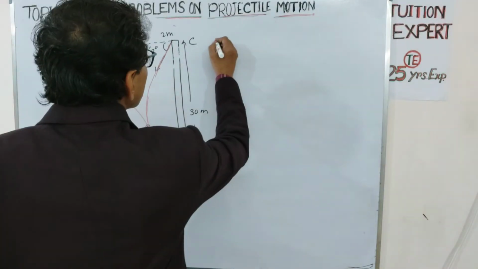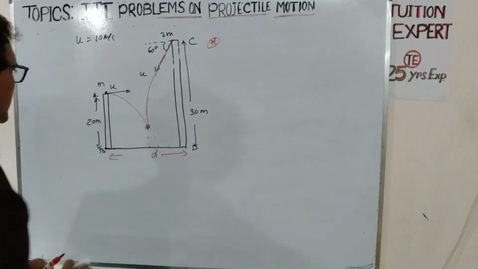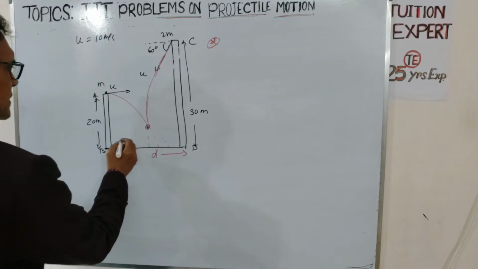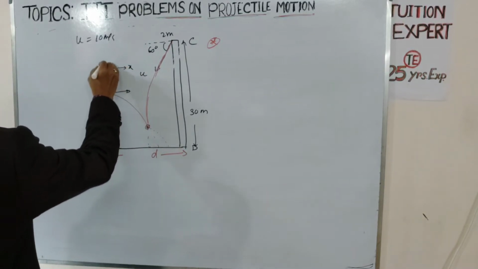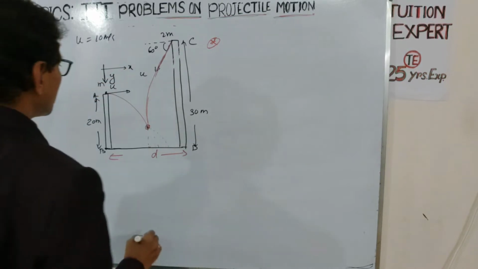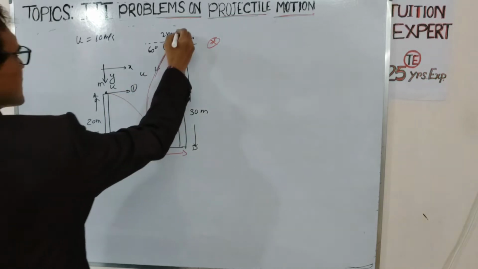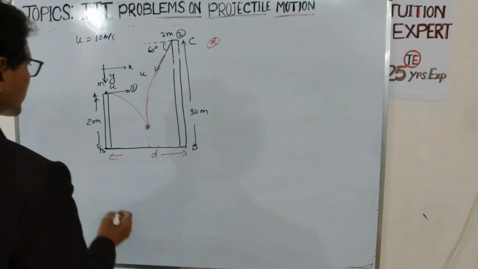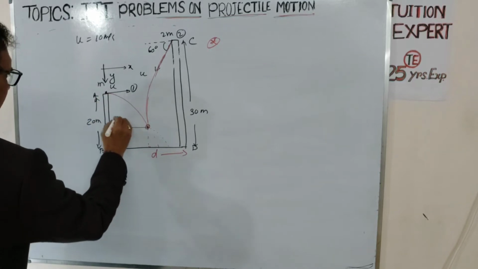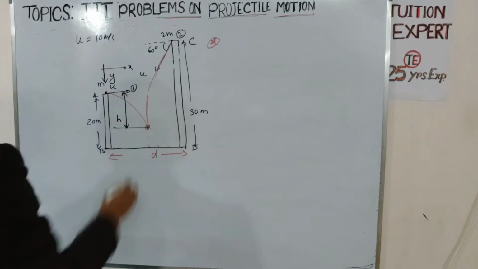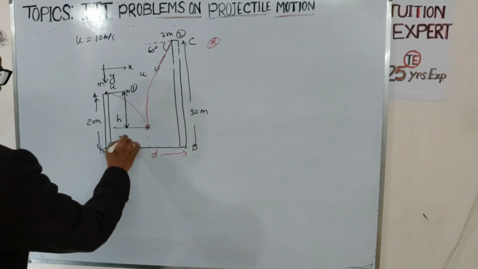Now to solve the problem, take this as x-axis and this as y-axis. So initial values, this is particle 1, this is particle 2. Now this distance, suppose from this height, is h. Then what is this height? Height will be 20 minus h.